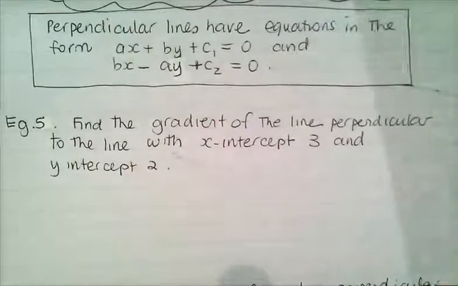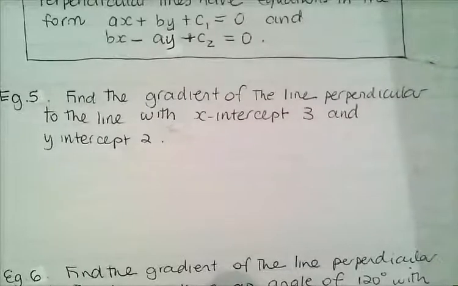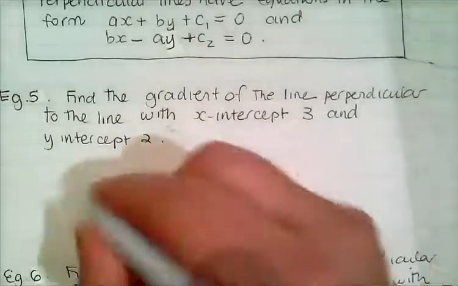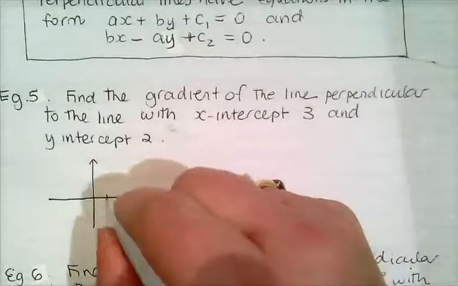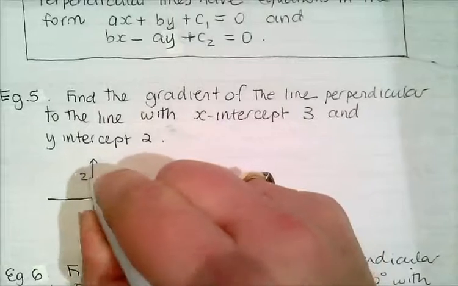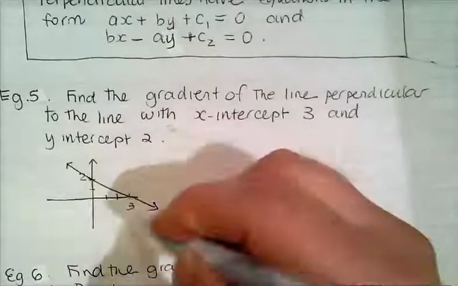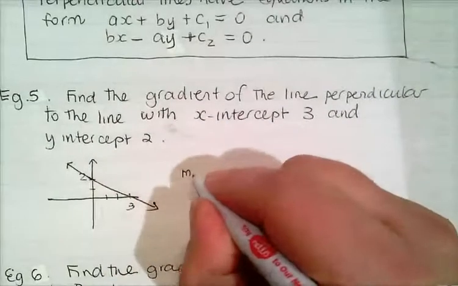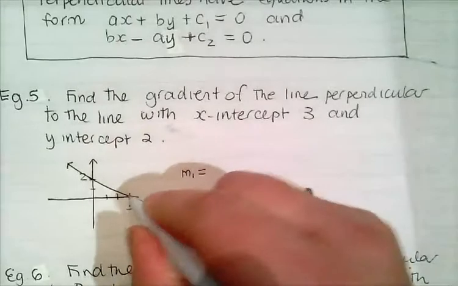All right, let's look at an example here. So the first example is find the gradient of the line perpendicular to the line with x-intercept 3 and y-intercept 2. Now, what you'd have to do is sketch this. If the x-intercept is 3 and the y-intercept is 2, then I'm going to just join this line. This line has a negative gradient, and we're going to need to find the gradient of this line.